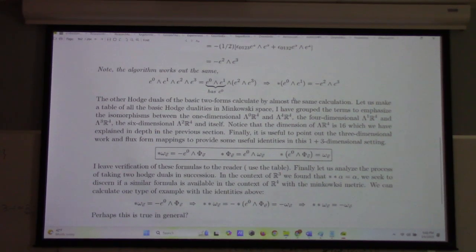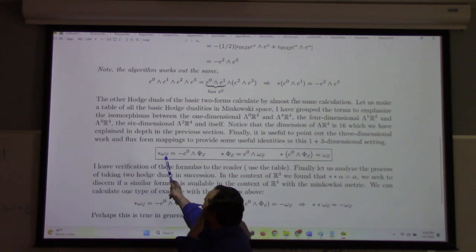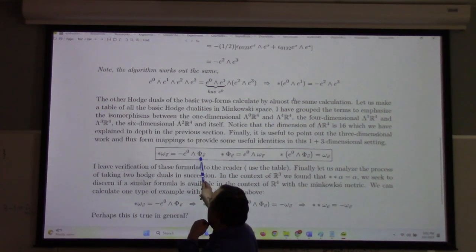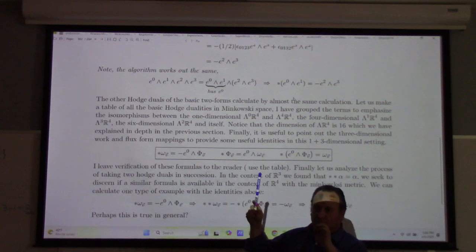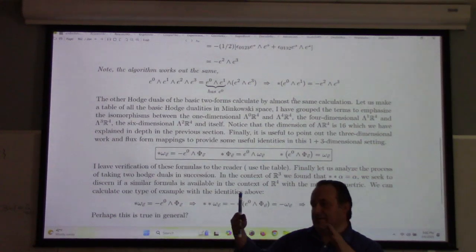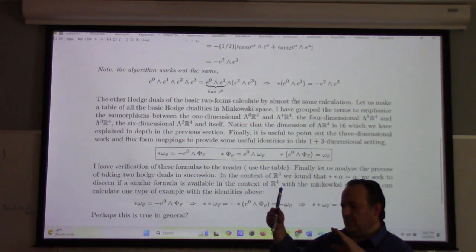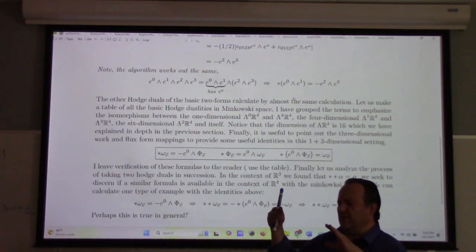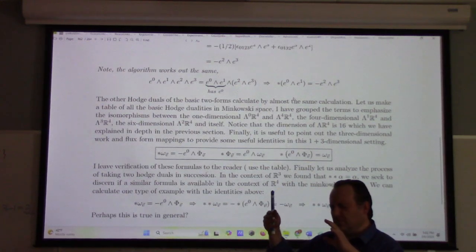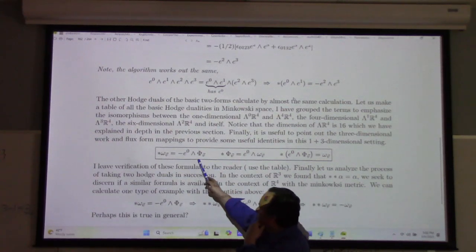And this is really what I wanted to end with today, guys. If we look at the work form map, this is the flat of the vector v. We can get it as minus e^0 wedged with the, I really do mean the flux form of the spatial part of the vector. So that's defined in the same way we did last time: v1 with e^2 wedge e^3, v2 with e^3 wedge e^1, v3 with e^1 wedge e^2, like the same meaning here.